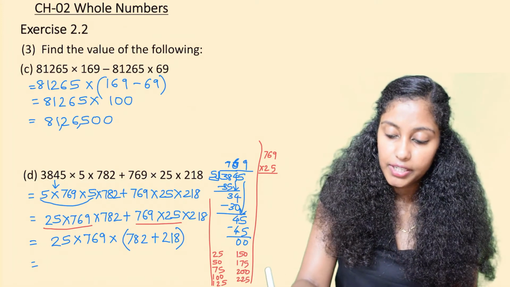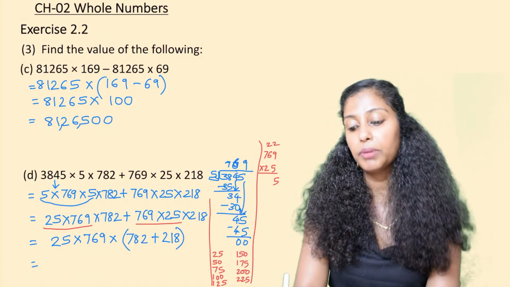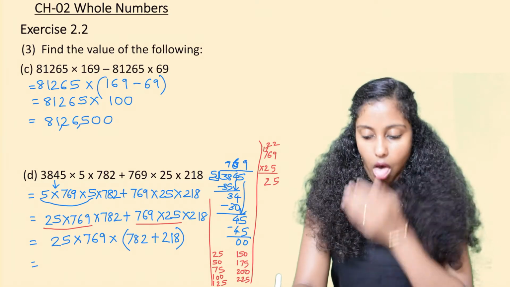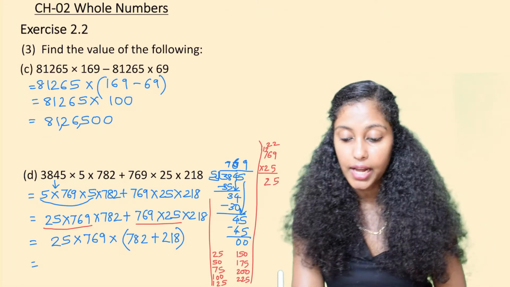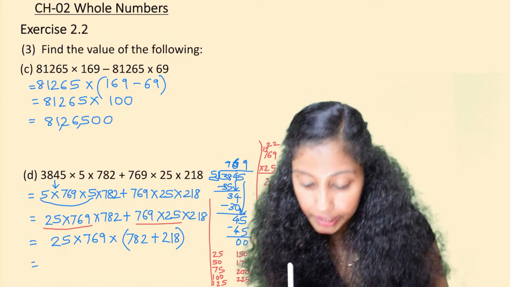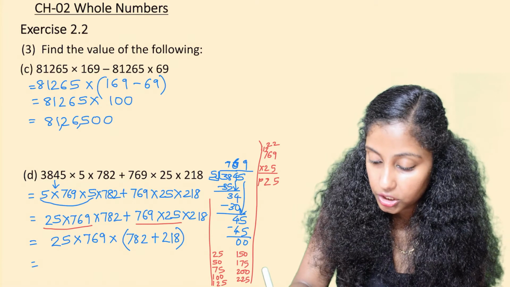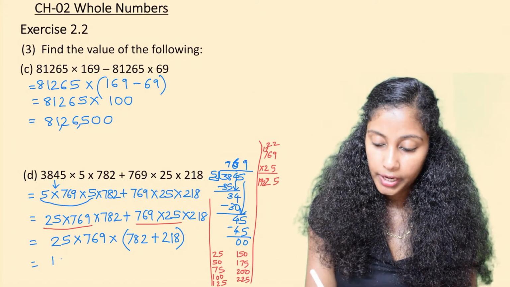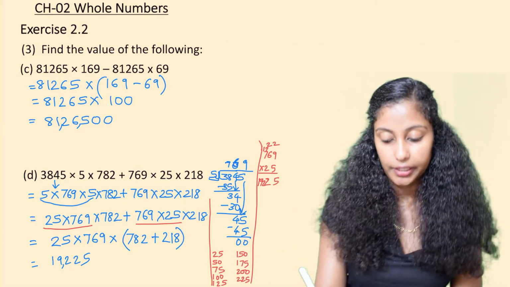So 25 9s is 225, 22 carry 25, 6 is 150 plus 22 is 172. 25 7s is 175 plus 10, 185 plus 7, 192. So we get 19225, that is 25 into 769.